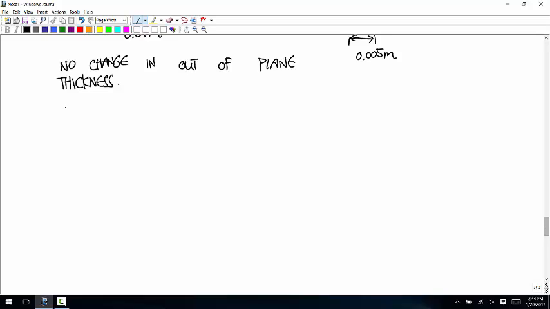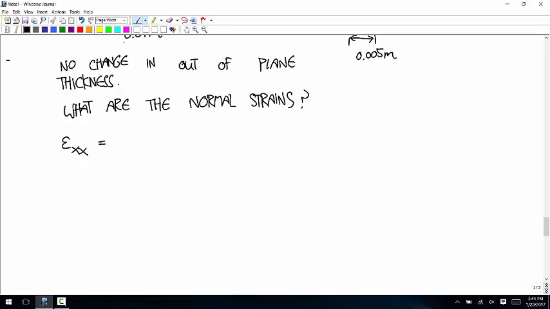Okay, so what are the normal strains? First, we'll just go in the order XX, YY, ZZ. So XX, we have some thickness.